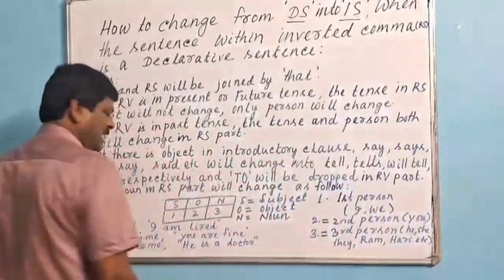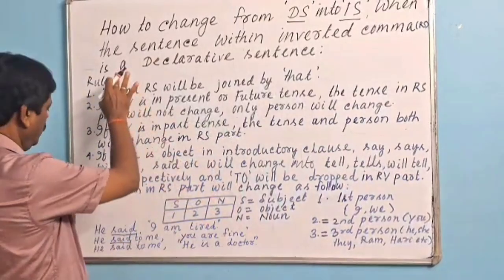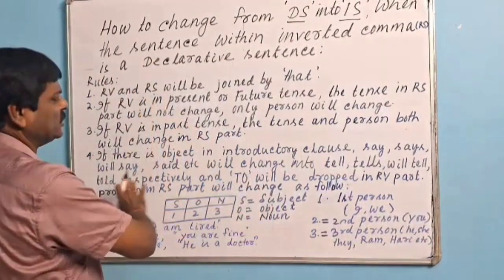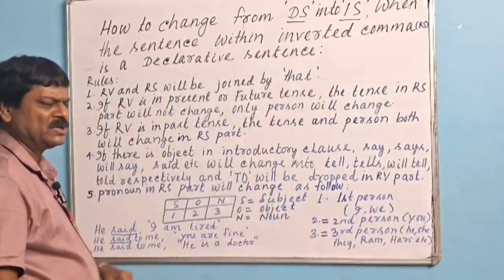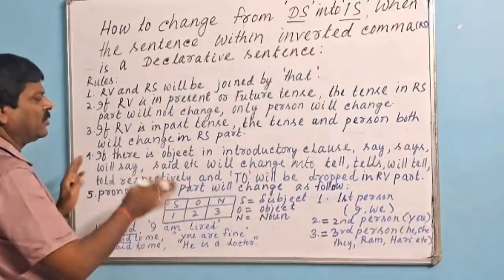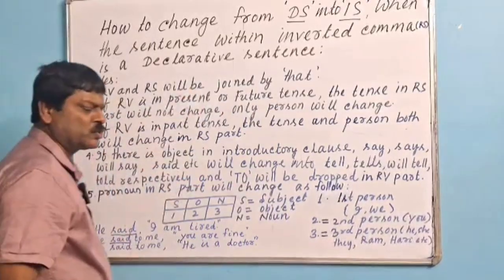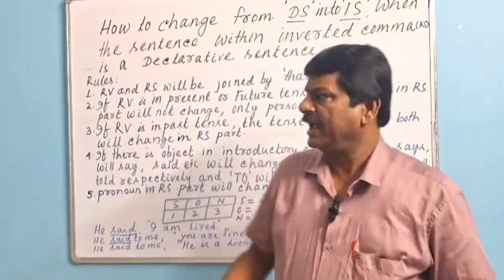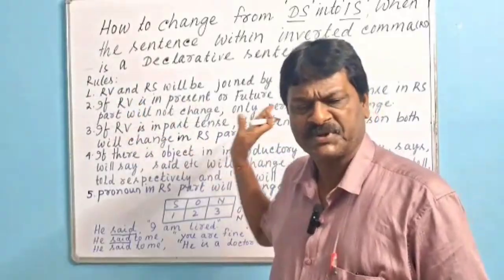So, dear guys, I am standing aside, and it is my request: please note down these points in your copies for future reference, or take a screenshot of these rules, so that it will be very helpful for you at the time of conversion from direct speech to indirect speech.